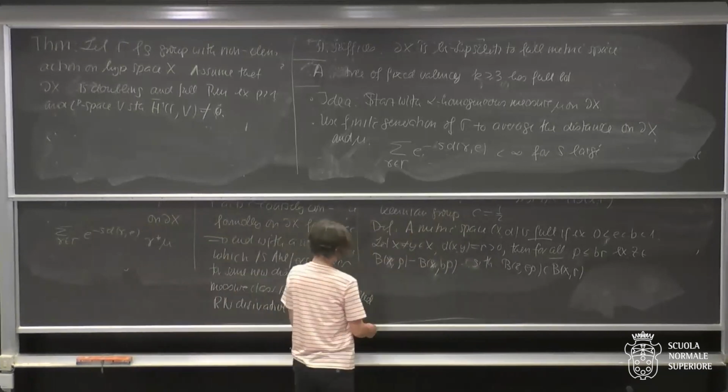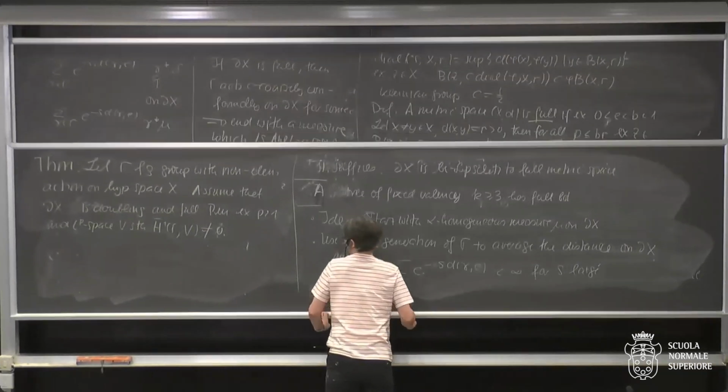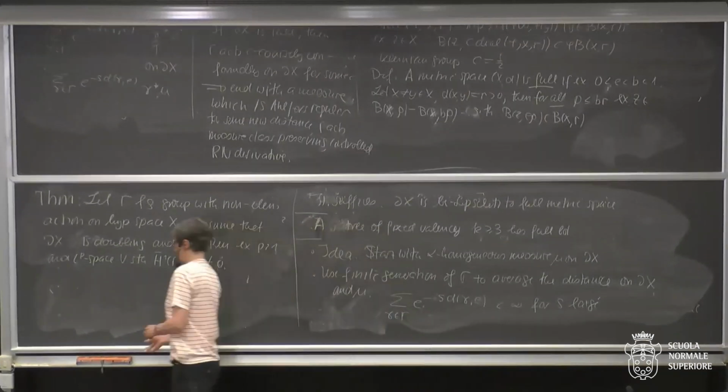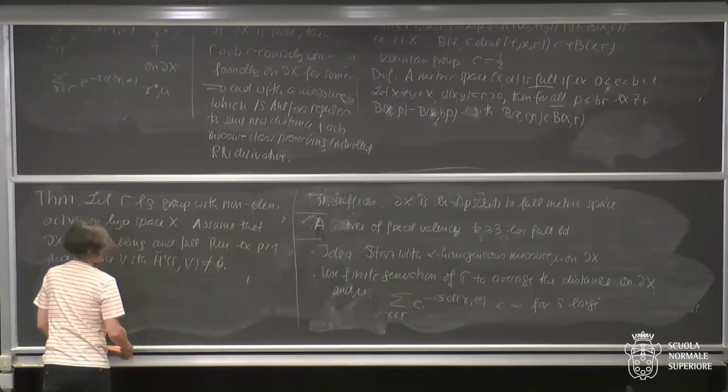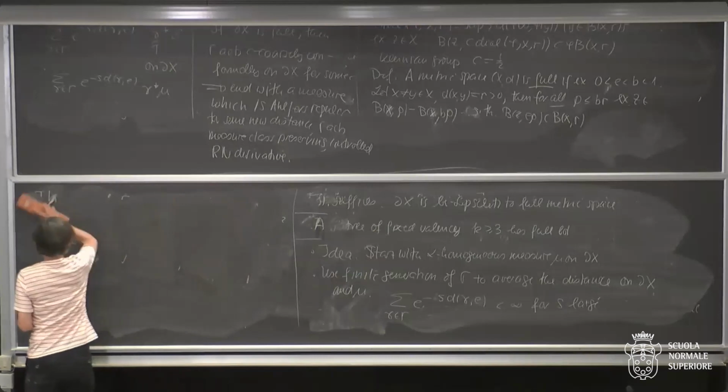This is not quite good enough, but then you do something which is familiar to all of you, in particular to Bruce, who have ever thought about closed negatively curved manifolds.